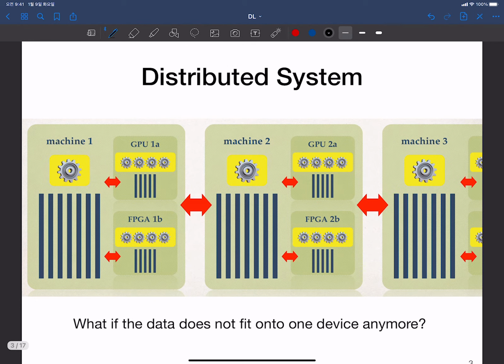When we can utilize multiple different machines simultaneously, we can implement such an optimization process in a distributed manner. So, for instance, in this case, we have three different machines, machine 1, machine 2, and machine 3, and each machine contains a CPU and GPU.